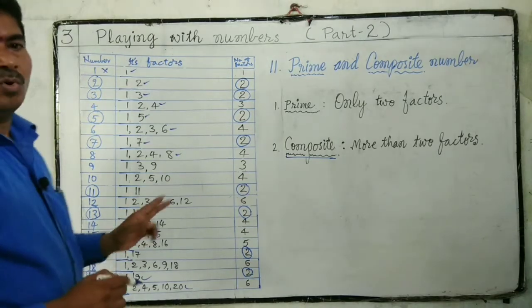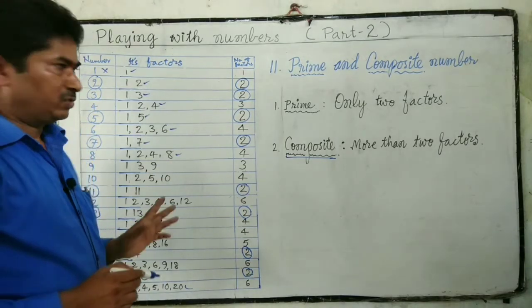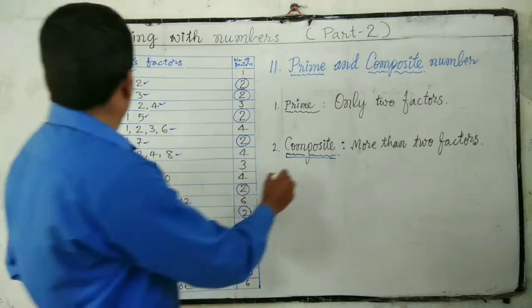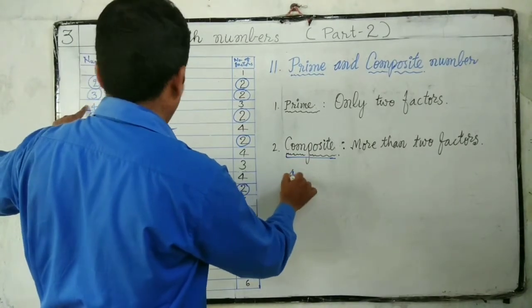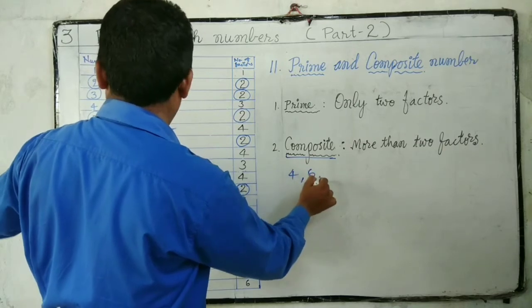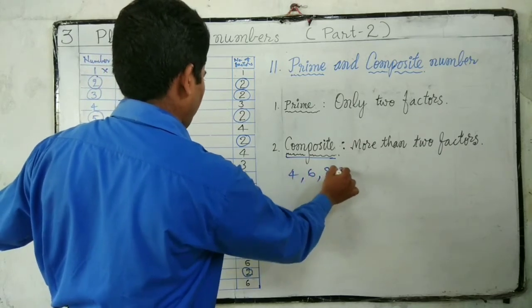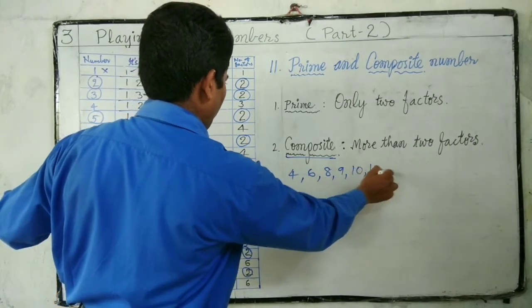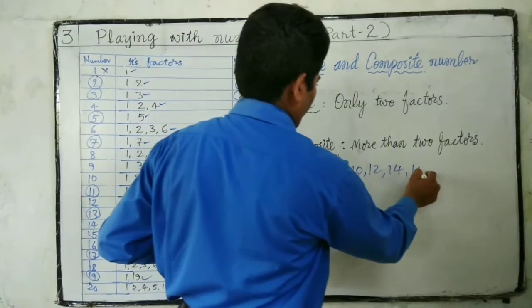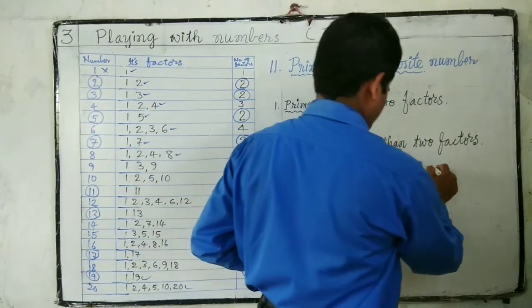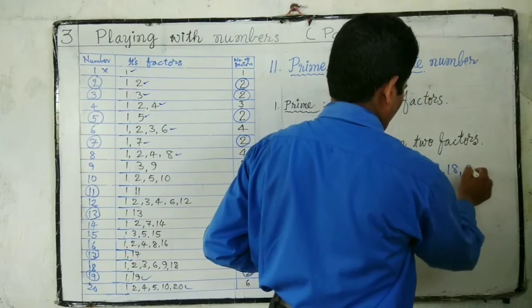So these have more than 2 factors. That's why these are composite: 4, 6, 8, 9, 10, 12, 14, 15, 16, 18, 20.